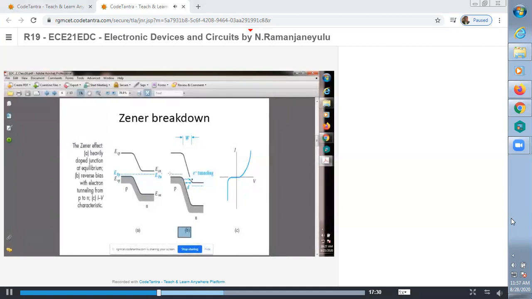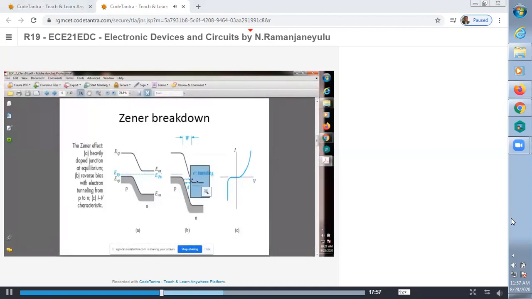This one is the P side valency band. It contains a large number of charge carriers, and it is exactly opposite to the N side conduction band. In that N side conduction band, all states are empty states.